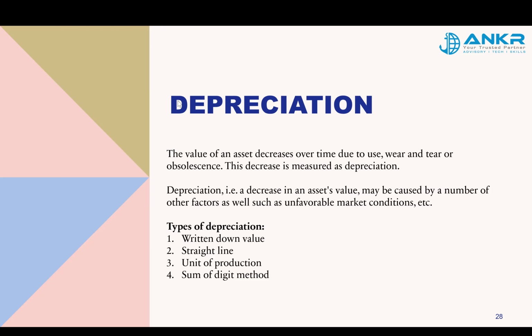This is the written down value method, where you apply a certain percentage on the written down value of the asset, which is the original gross block minus the residual value minus the accumulated depreciation till the date. If we go down, it is 38,000 rupees, and 38,000 is the depreciable value. That means it has accumulated depreciation to the tune of 56,088, which is subtracted from 1 lakh rupees.